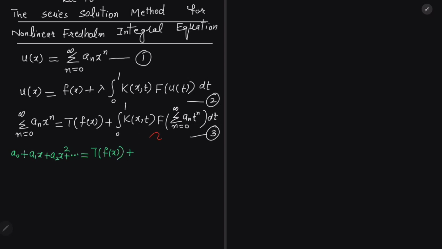Then we have the integral from 0 to 1 of the kernel k(x,t), and we have a0 plus a1 t plus a2 t square, and so on, dt. Okay, so that's how we treat the nonlinear integral equation. This is our equation number 4.